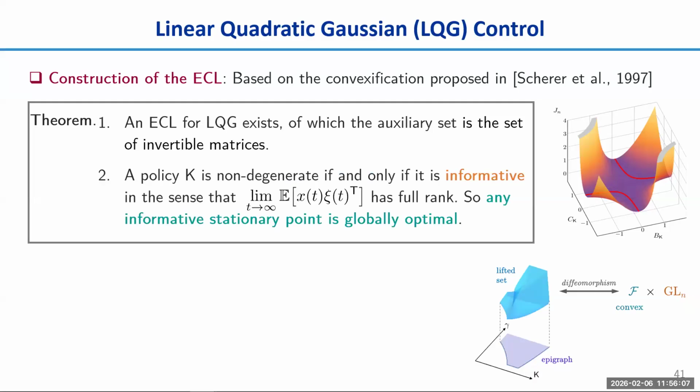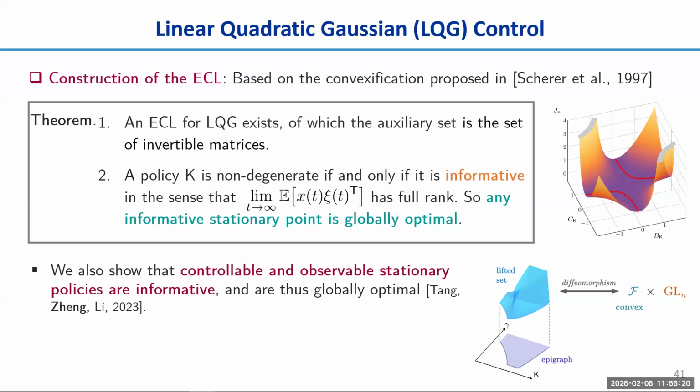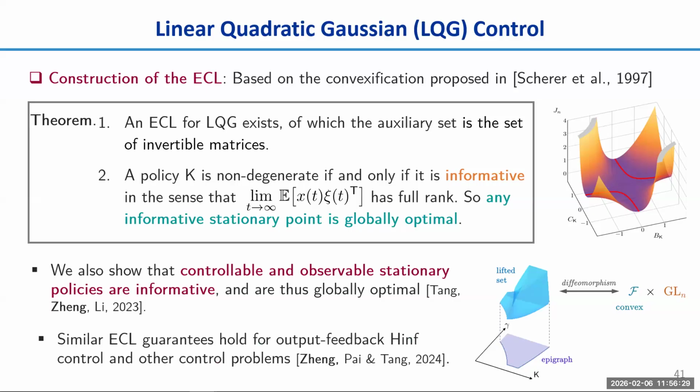We can show a policy to be non-degenerate for this condition. Then we can say any informative stationary point is globally optimal. We also prove controllable observable policies are informative, so naturally it will be globally optimal if it's a stationary point. And we can build other similar convex liftings for other control problems. We talk about those instances in our paper.